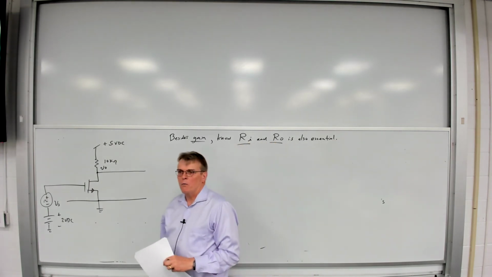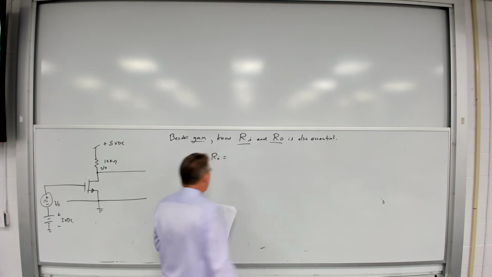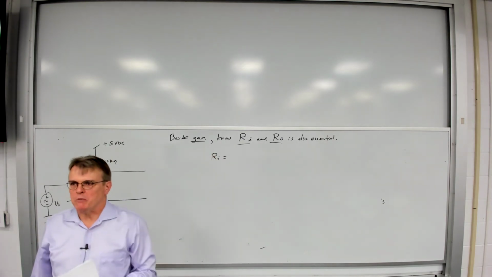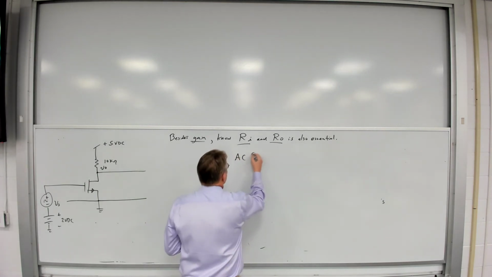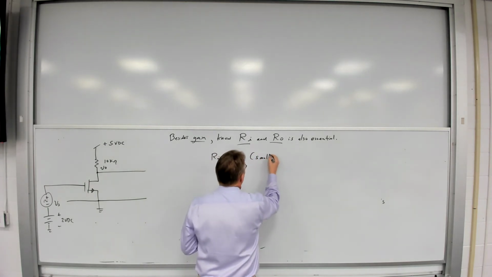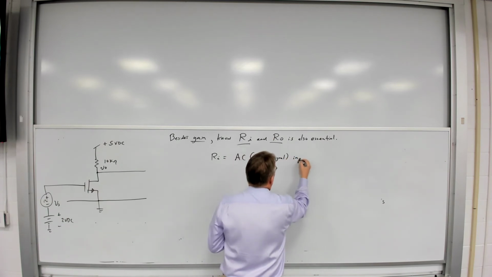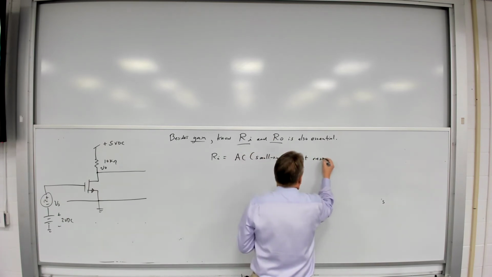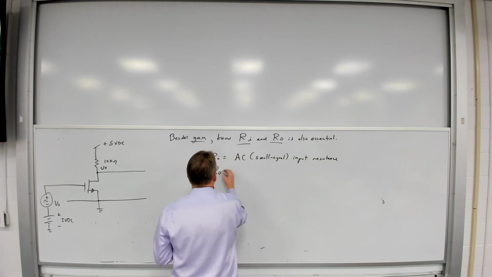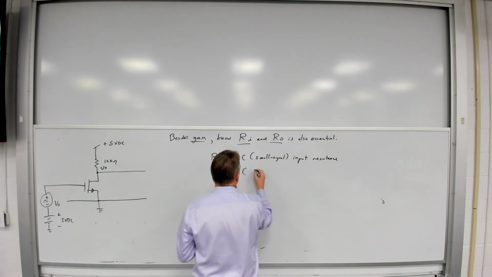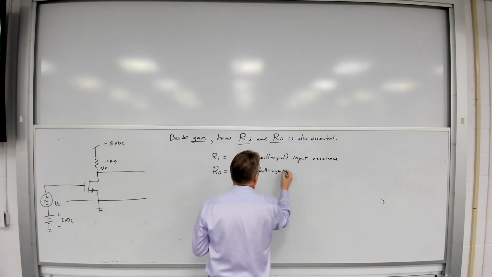Ri and Ro, what are those? Ri is the AC input resistance of the amplifier. Or when I say AC, I mean the small signal. Ro is the AC or small signal output resistance of the amplifier.